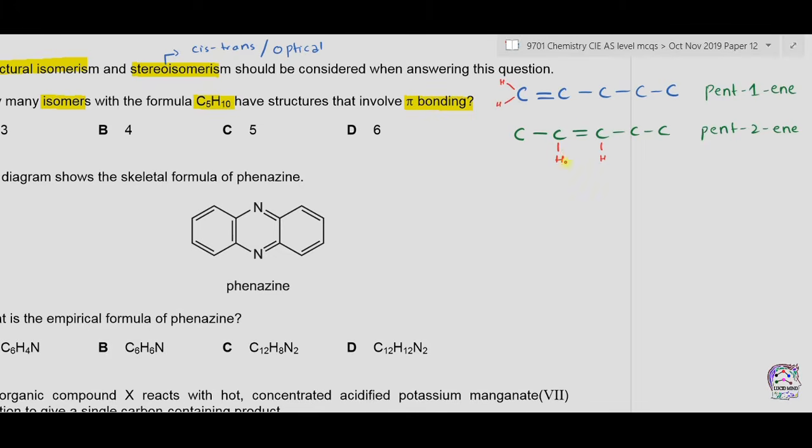As both groups attached are different, pent-2-ene can show cis-trans isomerism. So it could be cis-pent-2-ene or trans-pent-2-ene.